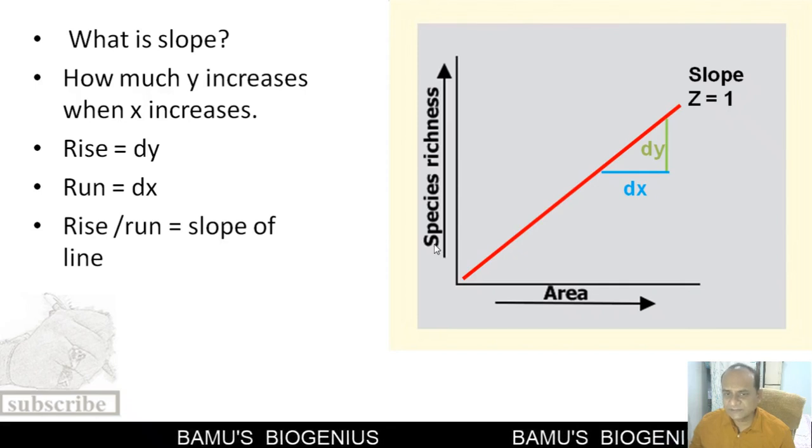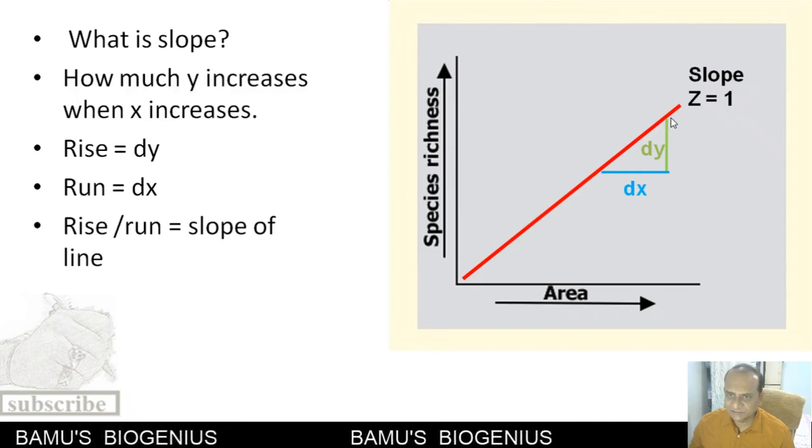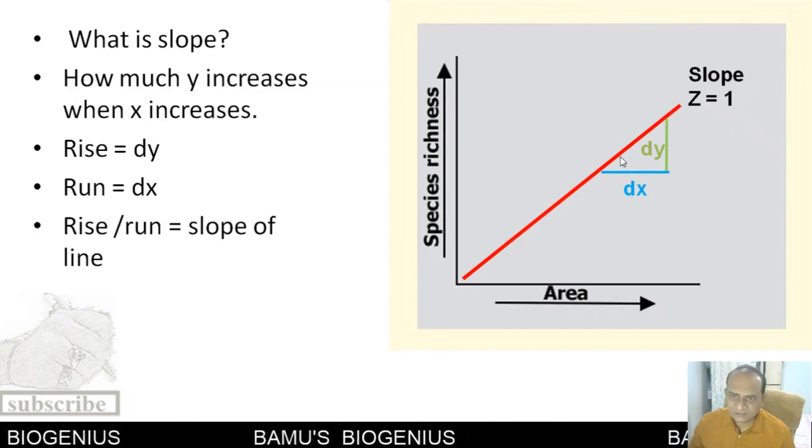In a species-area relationship, as the area is increased, the same amount of rise is observed in species richness. So when we divide dy by dx, we get 1. That means the slope of this line is 1.